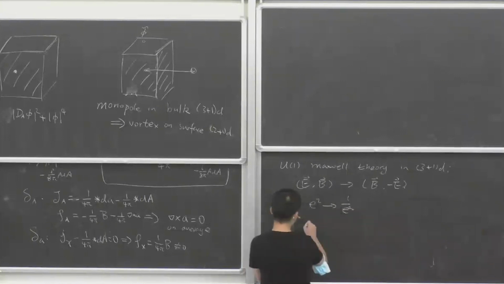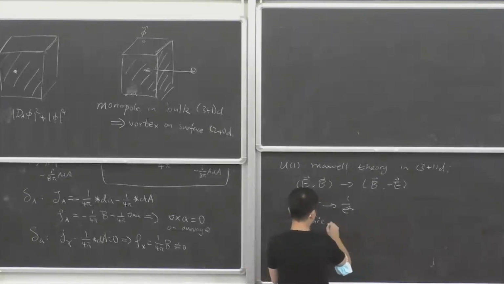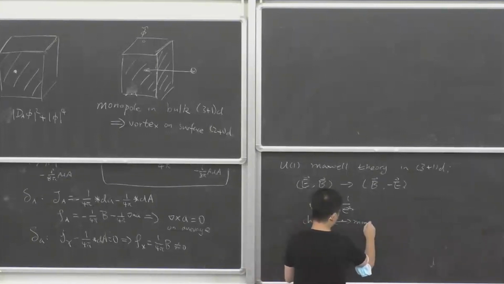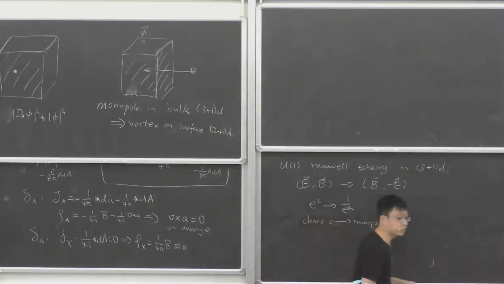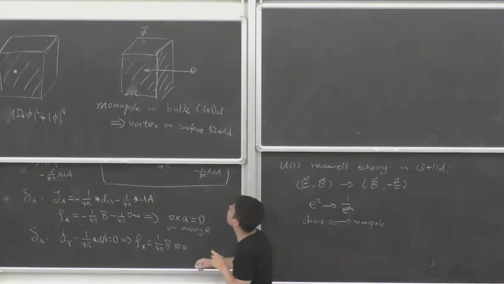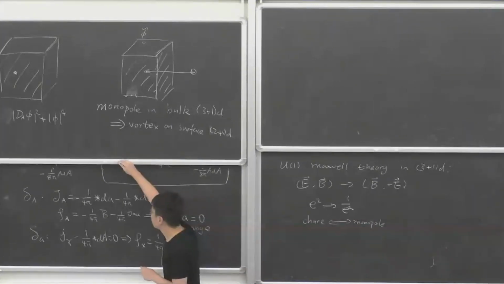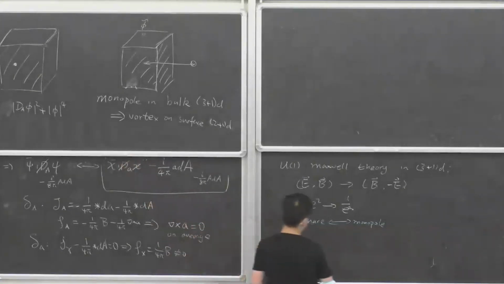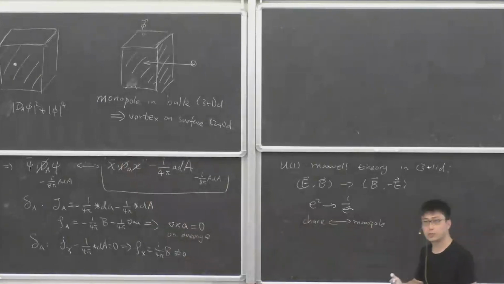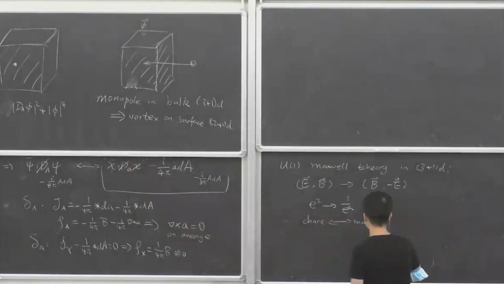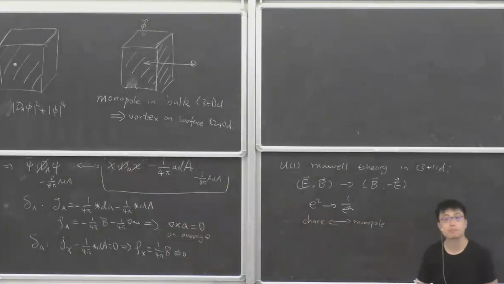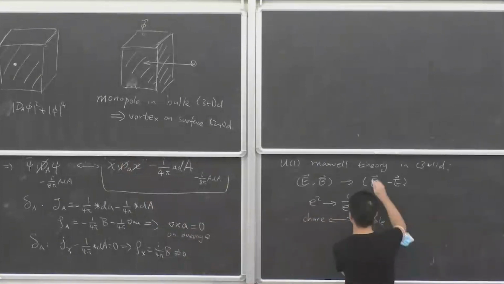And the important thing is the charge gets exchanged. So this is extended, if I treat the gauge theory more completely, to an SL2Z structure. So this is for pure Maxwell.